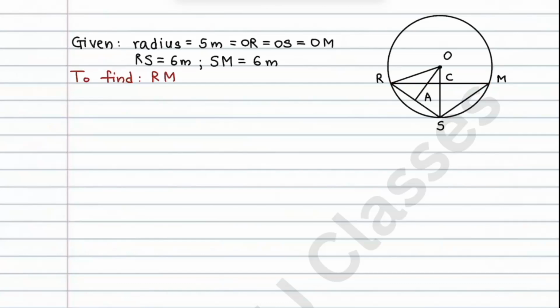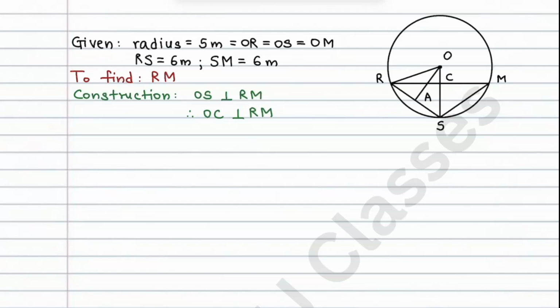Now let us solve it. We have a construction. To solve this problem, we need to drop perpendicular. So what are the perpendiculars? So construction first is OS perpendicular to RM, which intersects RM at point C. Therefore, OC will be also perpendicular to RM.